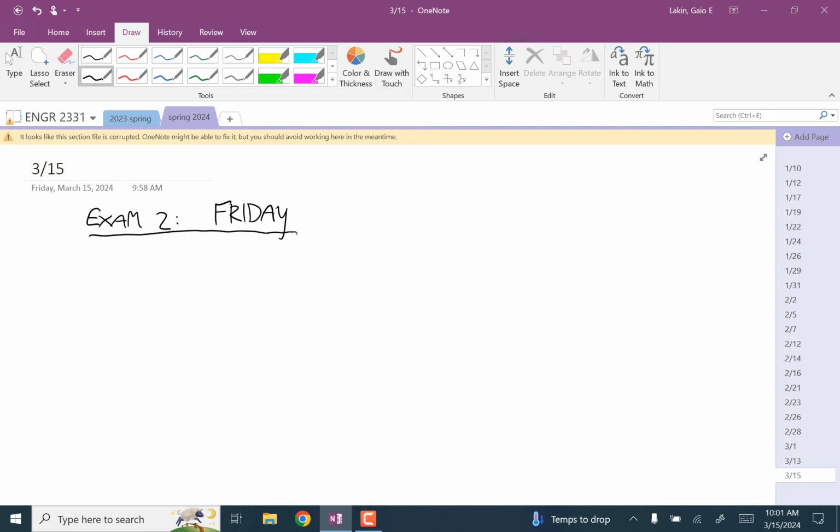And I think it is reasonable to do so the topics for this are going to be all of stresses and beams. Well, everything before that too, up through stresses and beams.